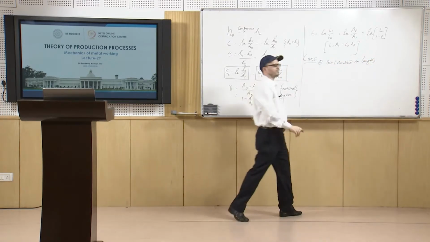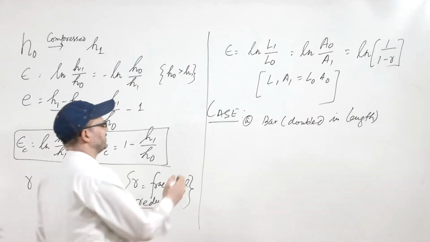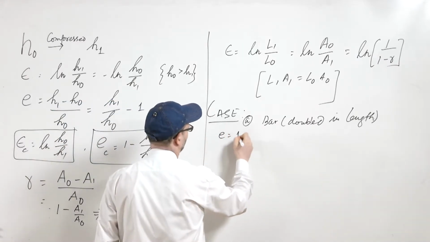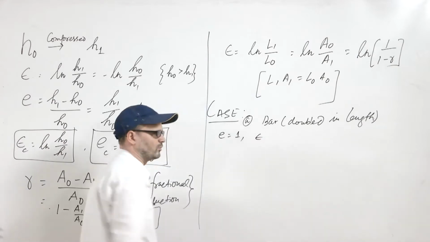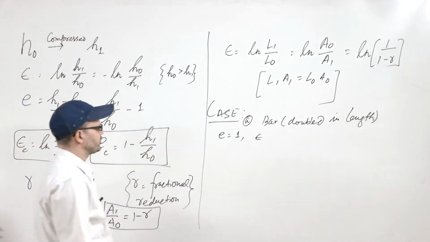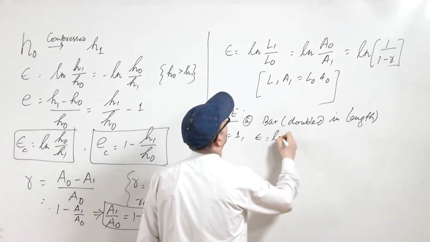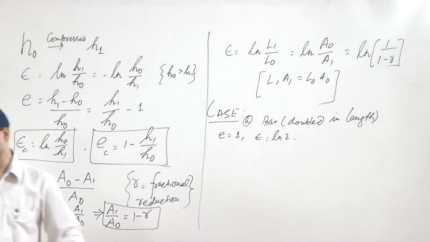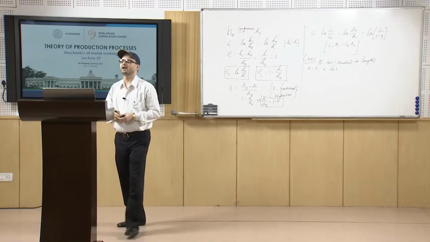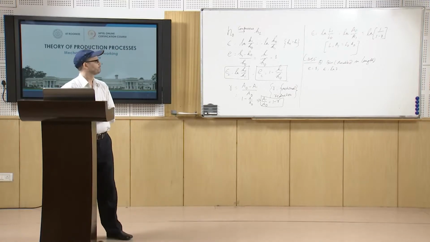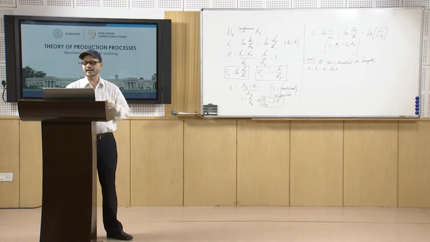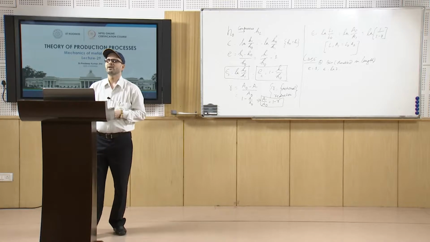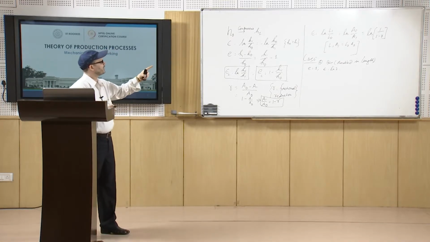So for a bar double in length, the engineering strain will be 1. The true strain will be ln 2, which is close to 0.693.